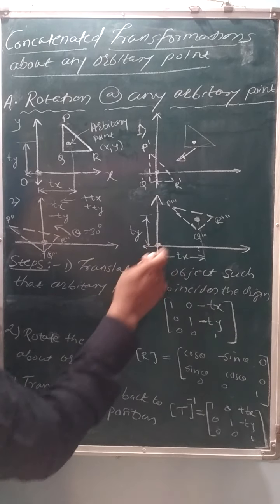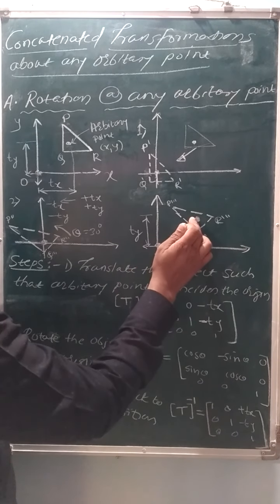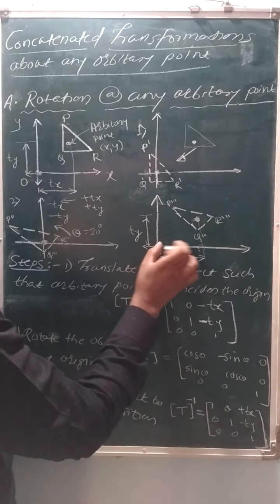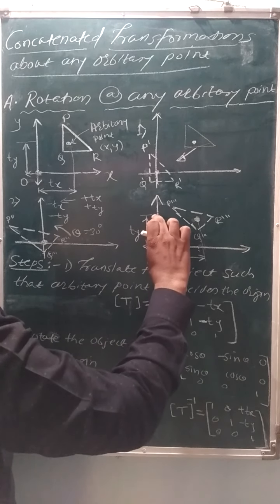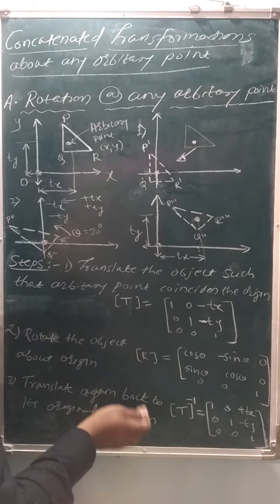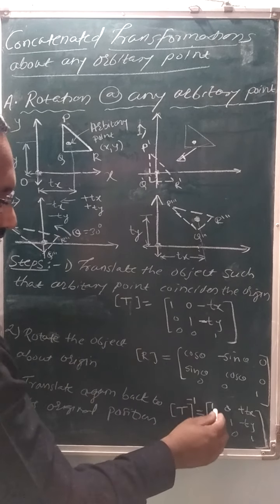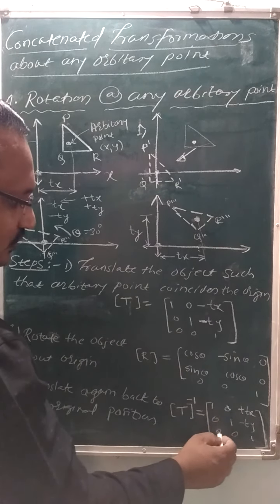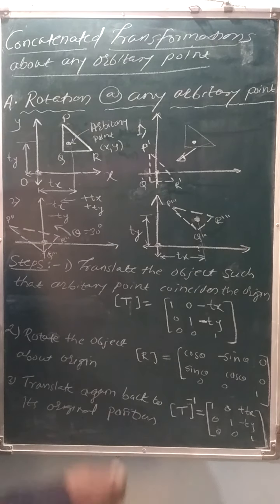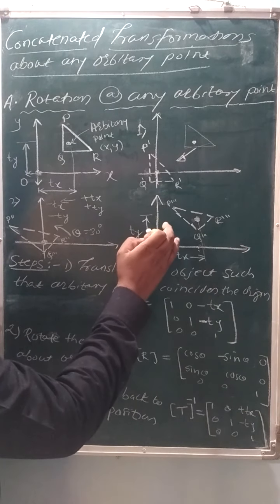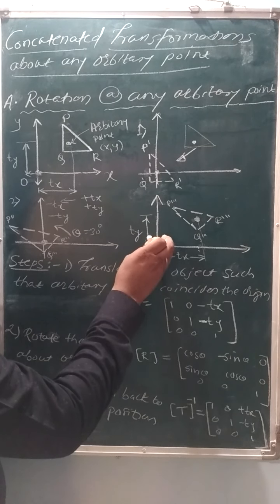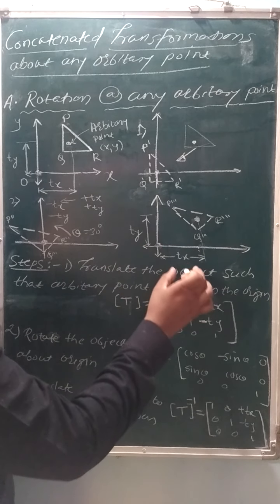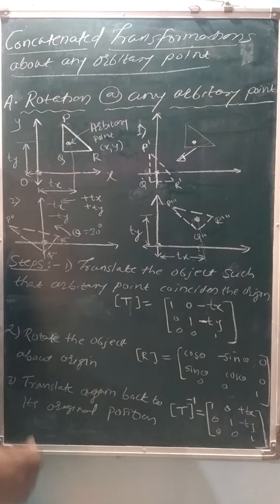Now while retranslating, we have to shift it from here to here, so in that case these distances will go plus tx and plus ty. So that matrix will be 1 0 tx, 0 1 ty, 0 0 1. Means we will just retranslate the arbitrary point to its original position by taking distances plus tx and ty.